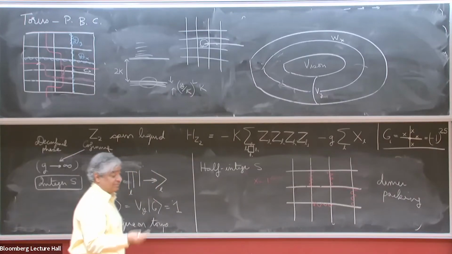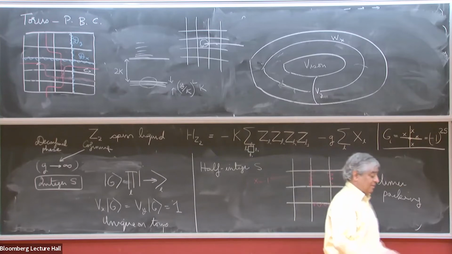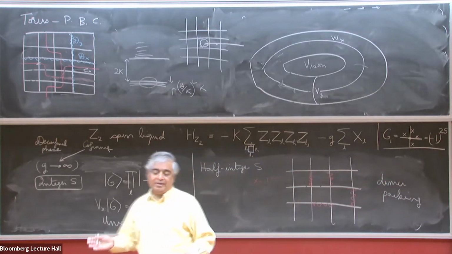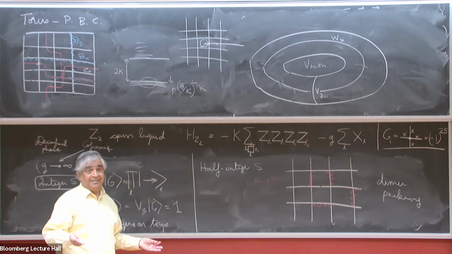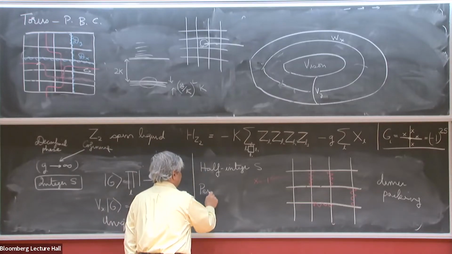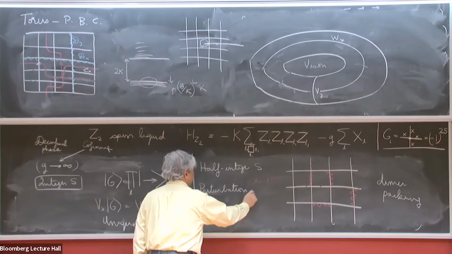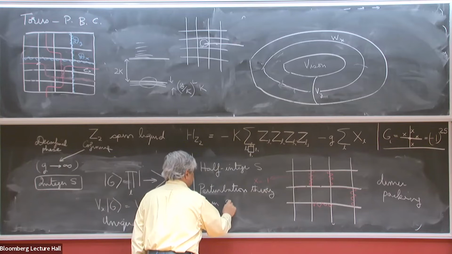It's an extensive degeneracy. It's exactly at g equals infinity. The ground state is extensively degenerate. Any dimer packing of the square lattice will give you a different ground state with exactly the same energy. Okay, so then you have to do perturbation theory in k over g.